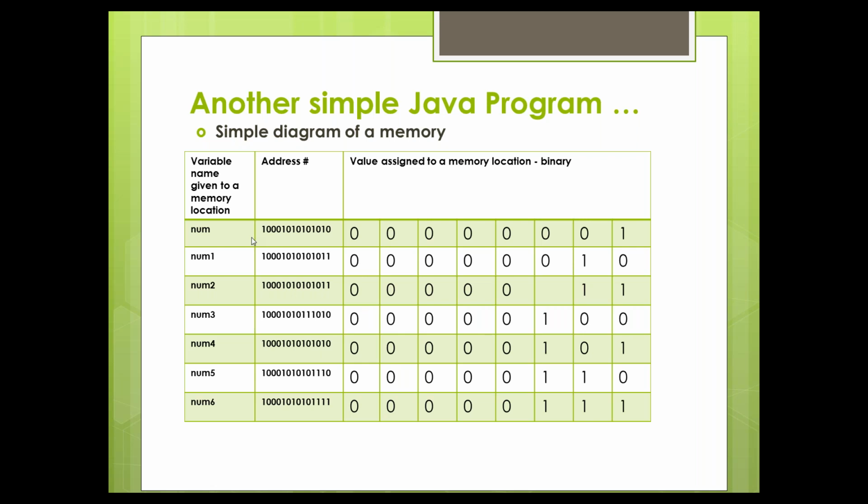If you know the address of a particular memory location, you can directly reference it, but it is difficult, because your Java runtime environment randomly picks whichever memory location is free, takes the address of that one, and then stores the value.